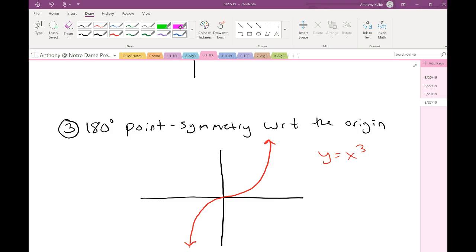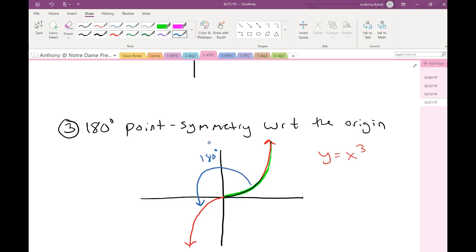So what this is saying is, if I take the part of my graph from the origin and rotate that 180 degrees, it would lie on the other half of the graph. Everybody's okay with that?